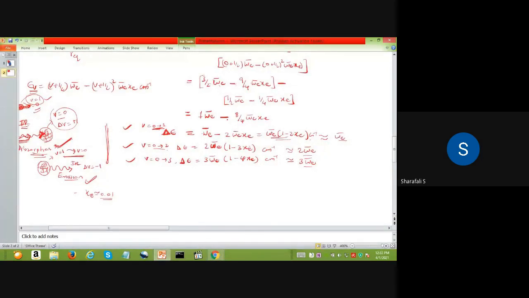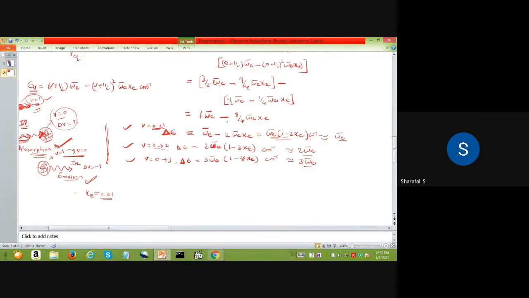That is the line which is near to omega E bar. Okay, and this particular line which is near to omega E bar is called the fundamental absorption. If you're considering that as an absorption, then it is fundamental absorption or fundamental frequency of that particular molecule.